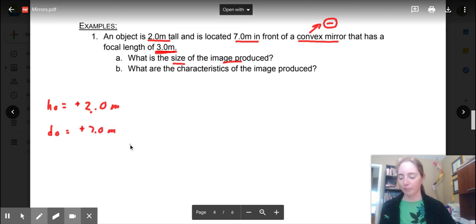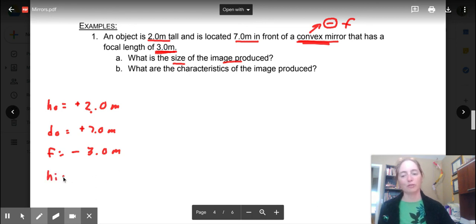And a focal length of 3 meters. Remembering from your table, it's a convex mirror, which means that our focal length is going to be negative 3 meters. So what is the size of that image?